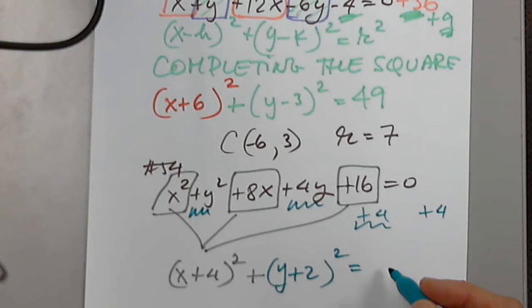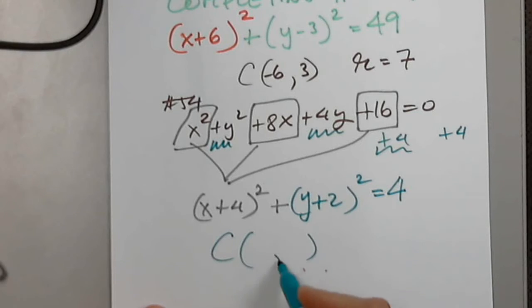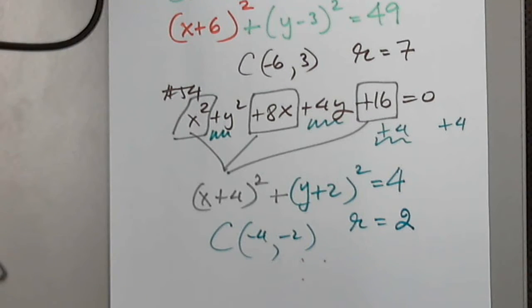Or 4? Oh, you don't square. Is this the equation of a circle? Yep. Can anyone give us the center, negative 4, negative 2, and the radius? Very good.